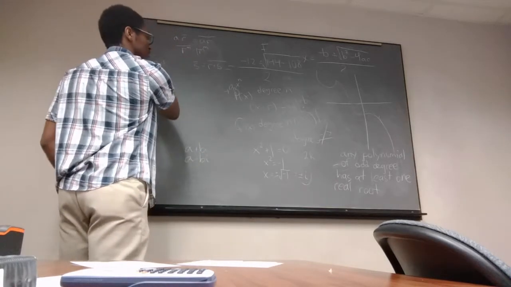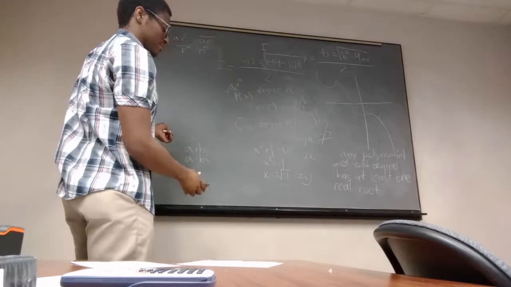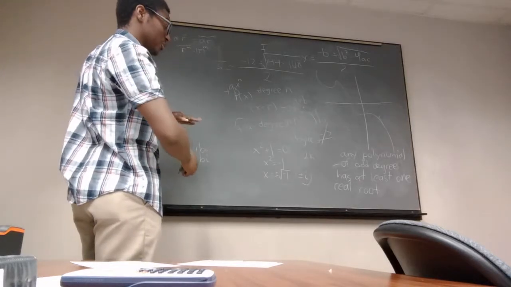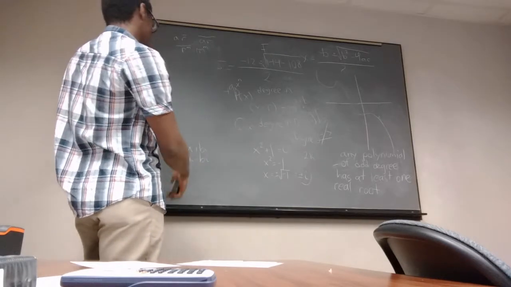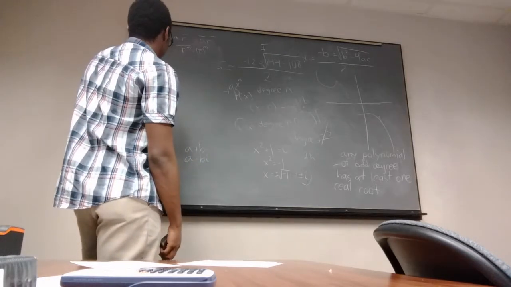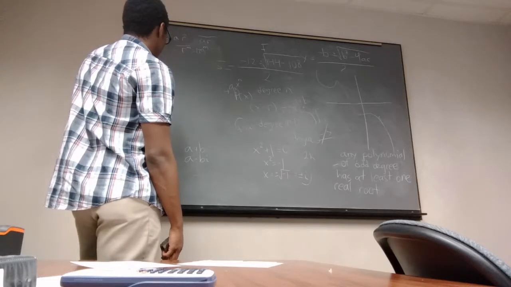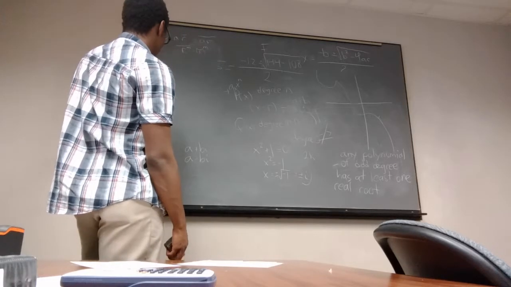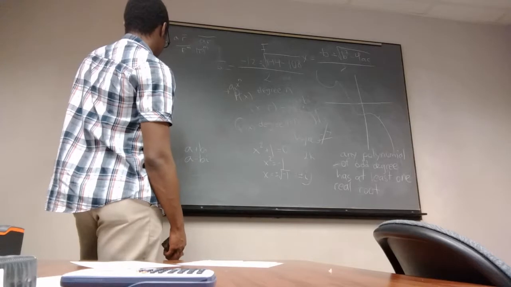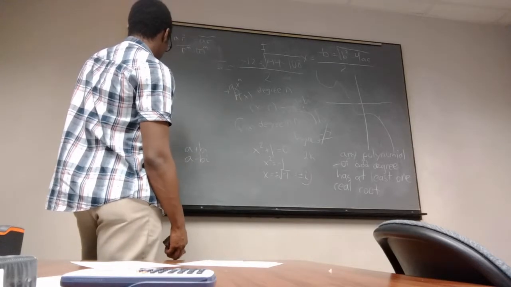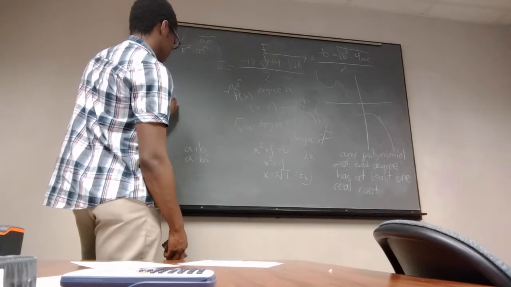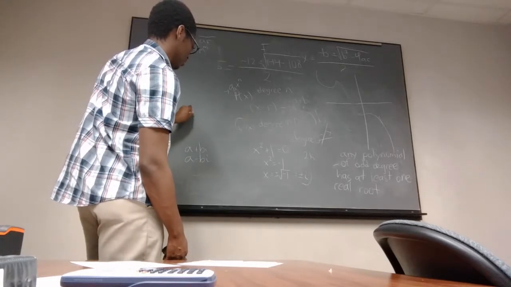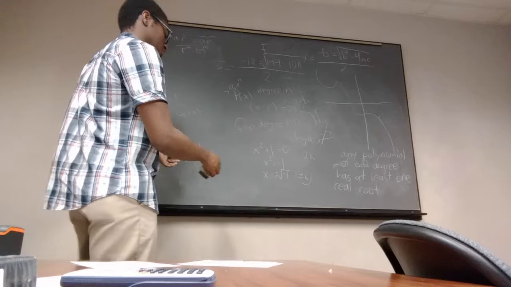And if you have a root of a polynomial, you can factor out that root and divide it from the original polynomial. So if you have some polynomial p of x, and one of the roots is r, you can take p of x and divide it by x minus r, and that'll simplify it into a polynomial of one less degree.